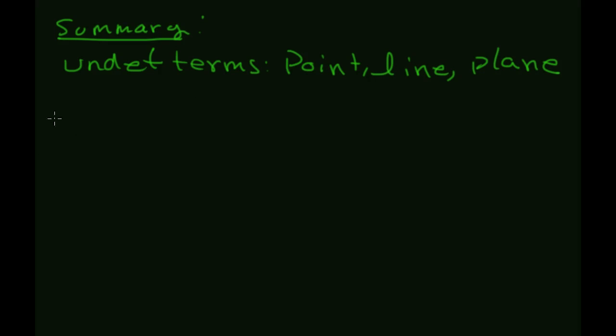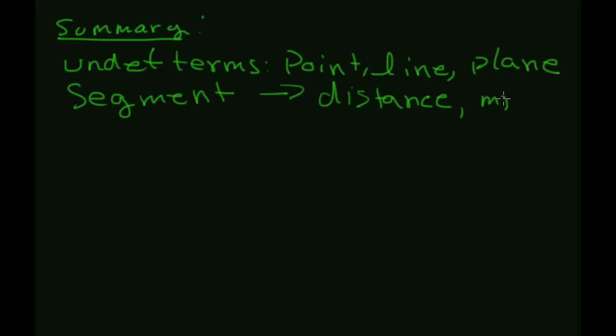Okay, you also have the idea of a segment as like the points in between them. So 2 points and all the points in between them, which got us to the idea of distances through the ruler postulate, and also the idea of a midpoint, right? So we got midpoints from that.